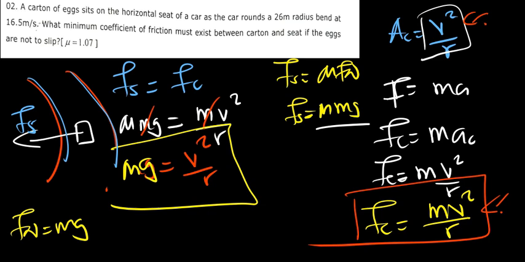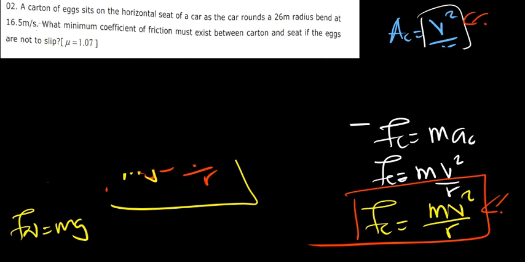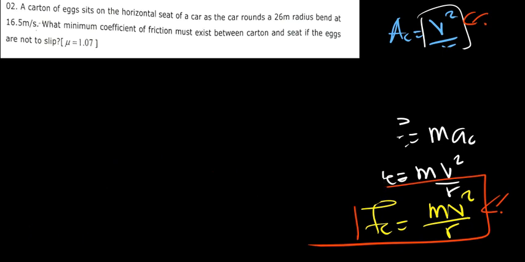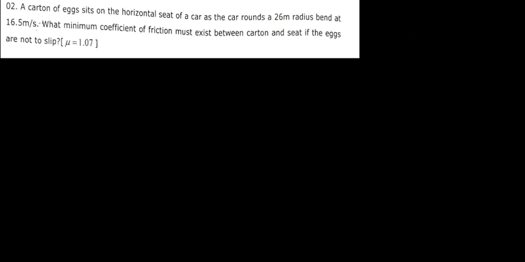Okay, so from here I'm going to restart, since there I was just giving you the general idea behind the centripetal force. From this question here, I can clearly see that I'm going to come up with my free body diagram. This is my roundabout.